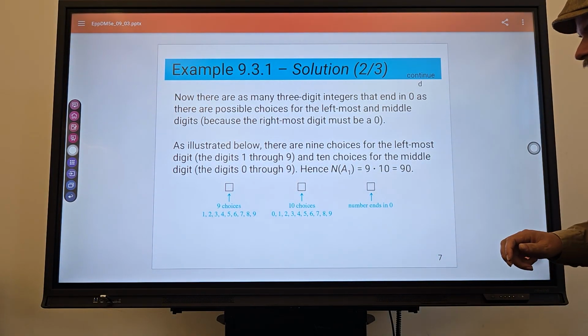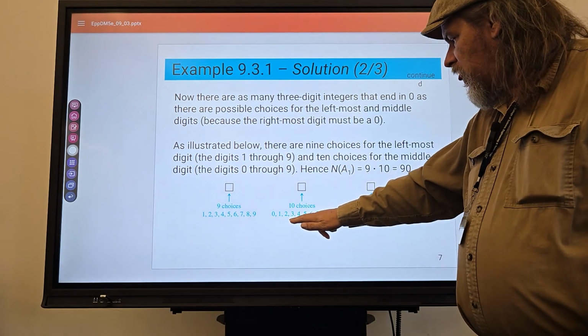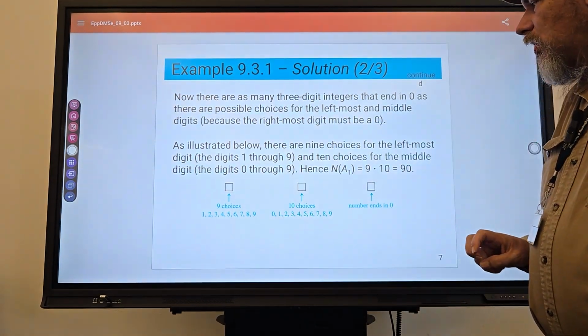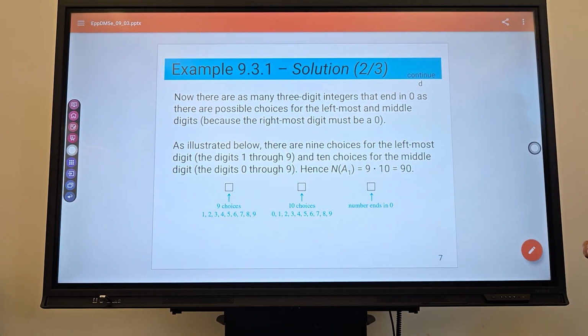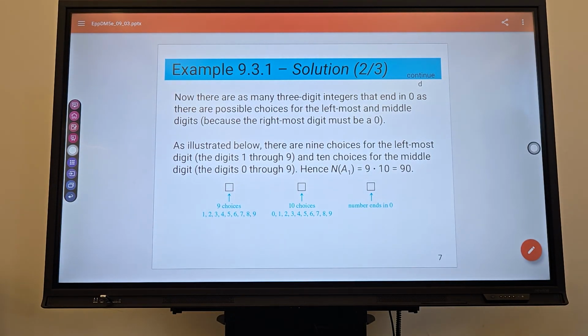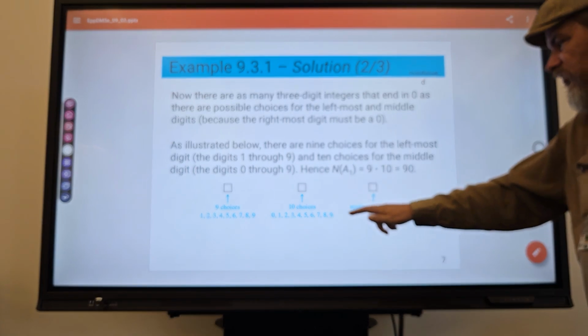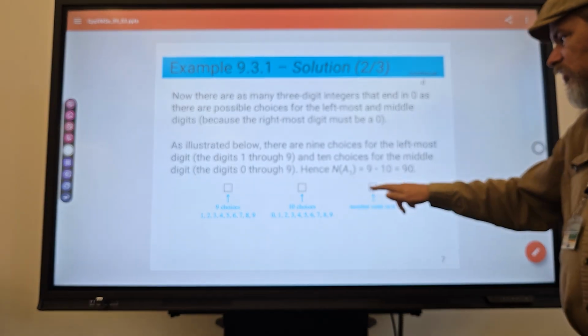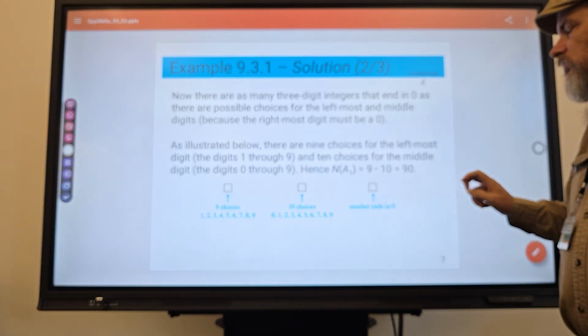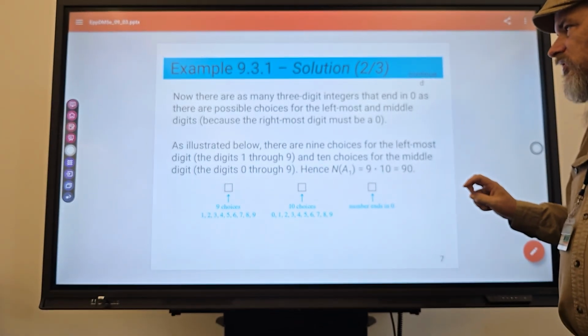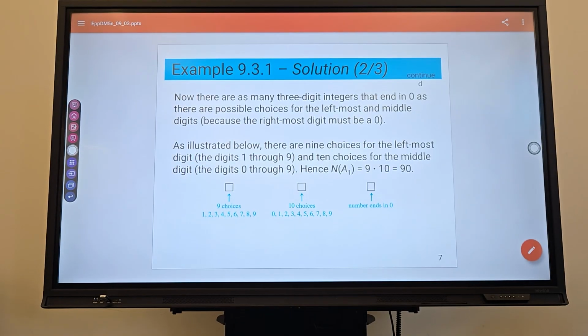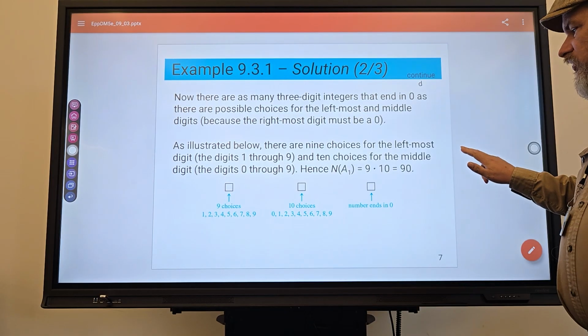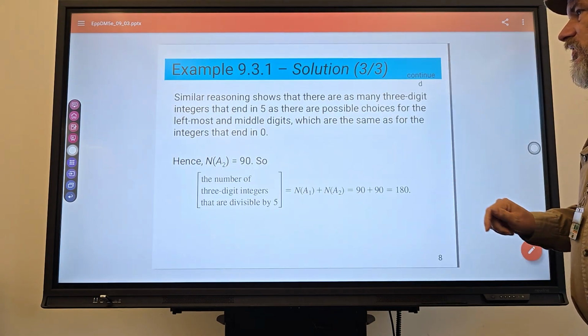The second digit has 10 choices, because you can have a 0 in the second digit position. Therefore, it's 9 times 10, or 90 three-digit integers that end in the digit 0.